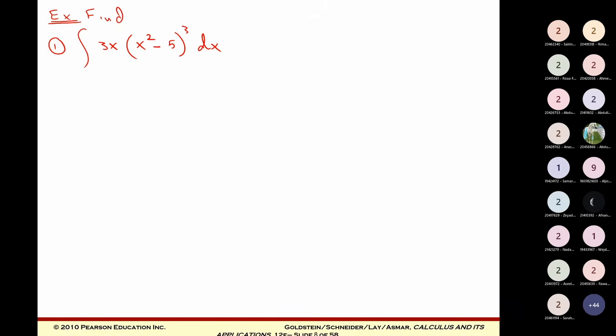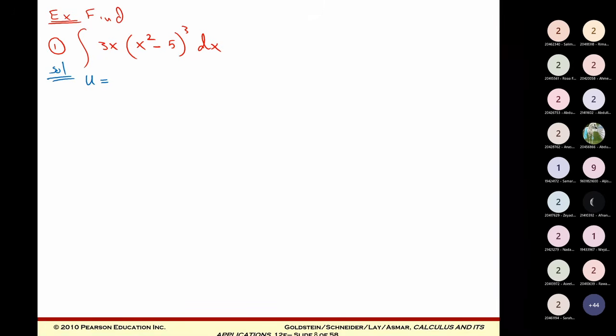Now we can find inside the brackets we have x squared minus 5. If we find the derivative, we get 2x. So we found the x outside the brackets, so this is by substitution. Okay, and u equals what?